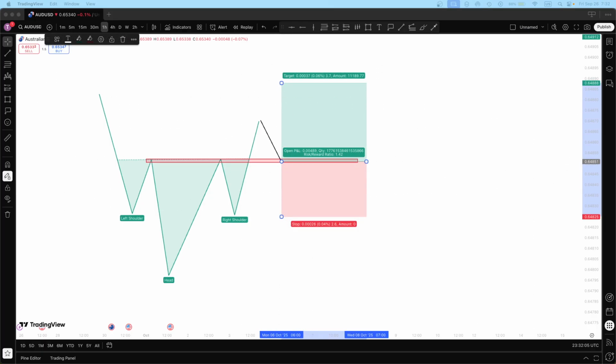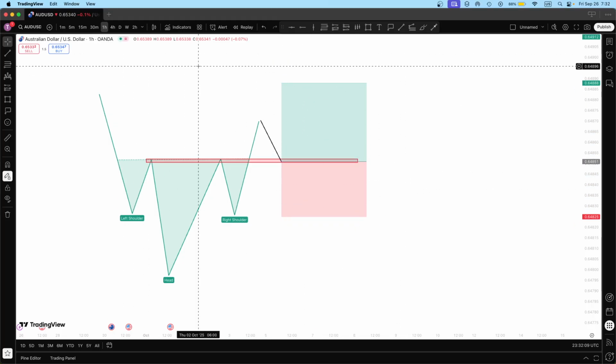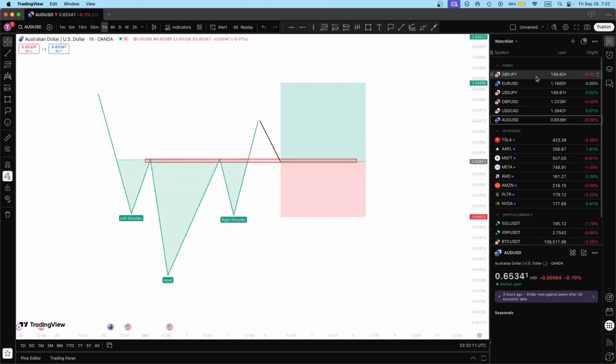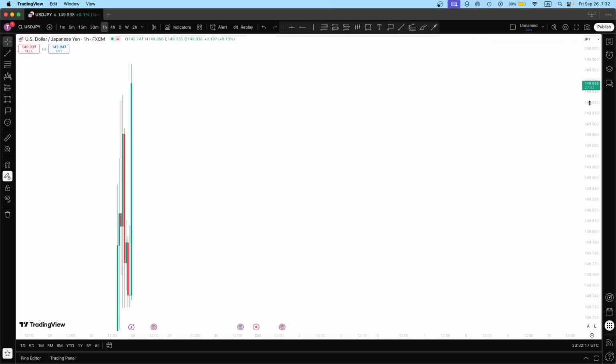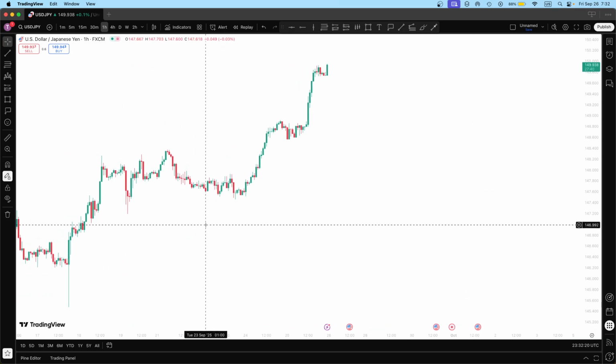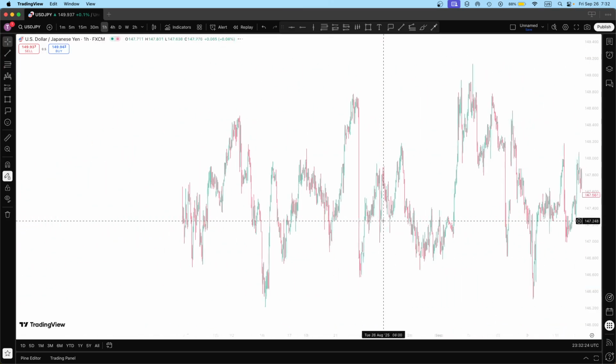So when you see this kind of pattern on the chart, you will know that a lot of traders are seeing the same thing and you can have a higher probability. That's all that matters. So let's see for one.